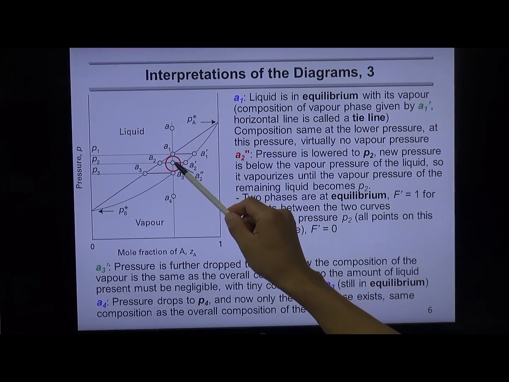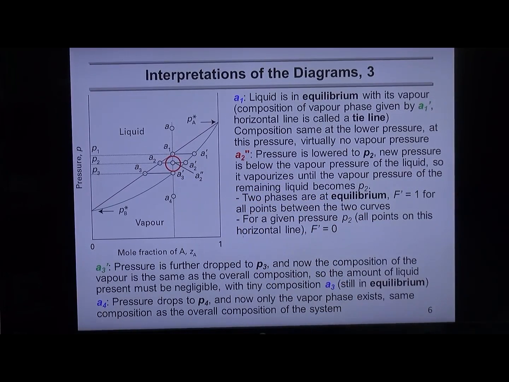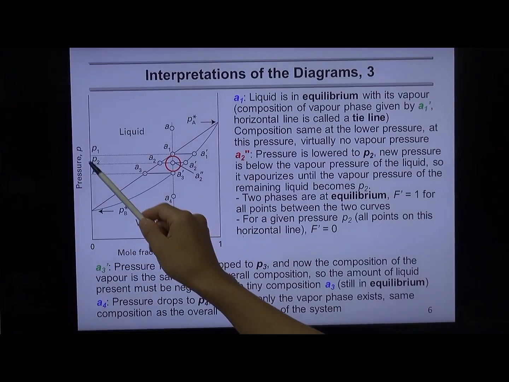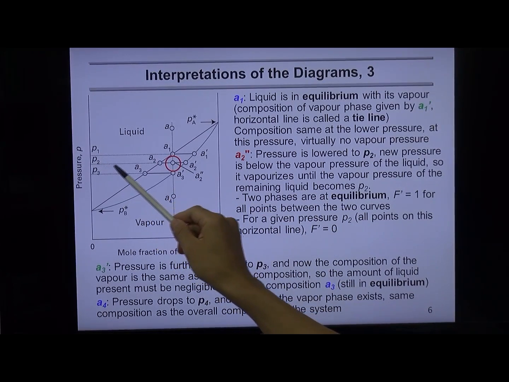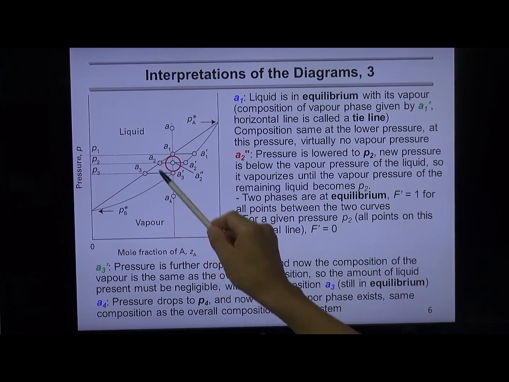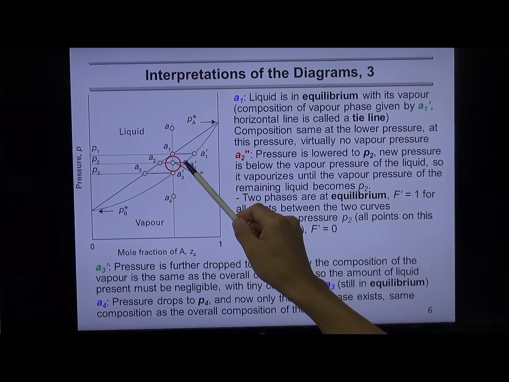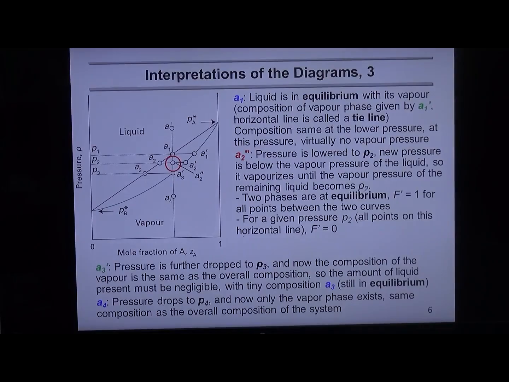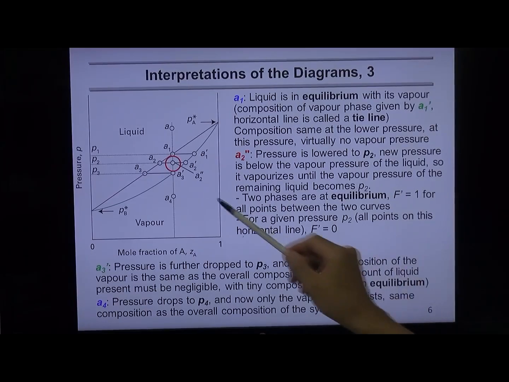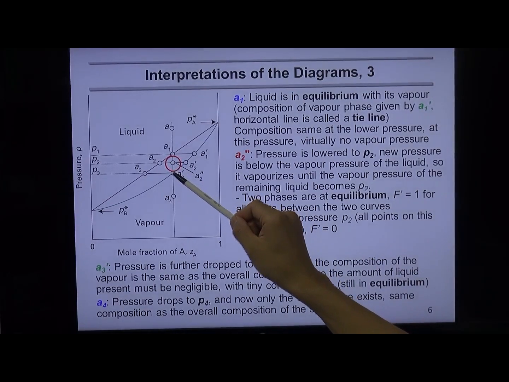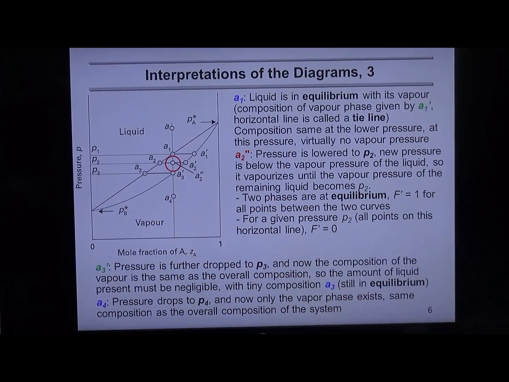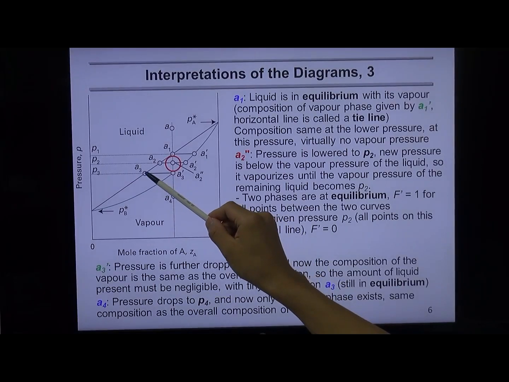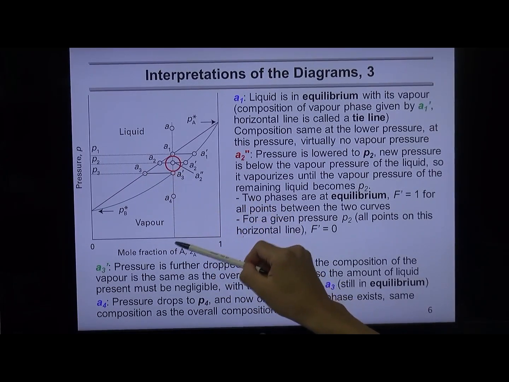You reach here, A2 prime. Pressure is now P2. And when total vapor pressure is P2, the composition of the liquid is here, A2, and the composition of vapor is A2 prime, right? Liquid and vapor are in equilibrium. Let's go more. You reached here, at the boundary. Pressure is now P3, lower pressure than before. Composition of the liquid is A3, composition of the vapor is A3 prime.